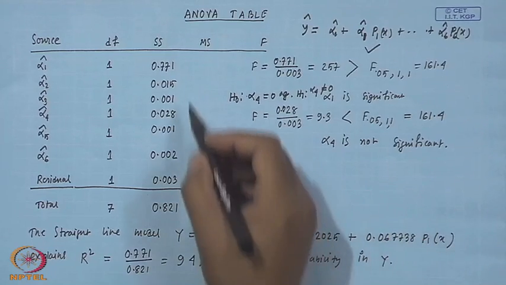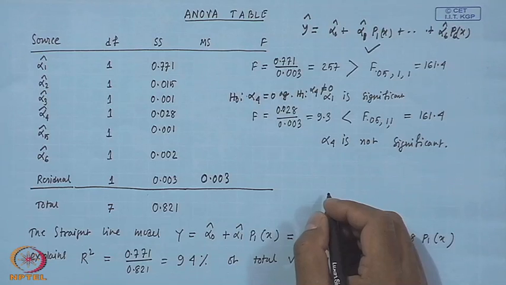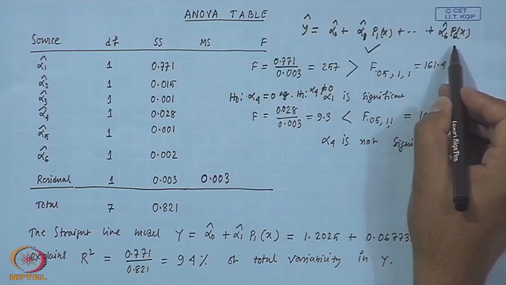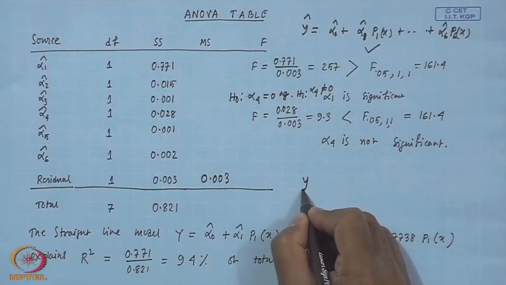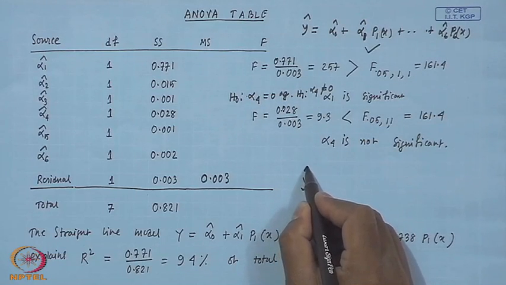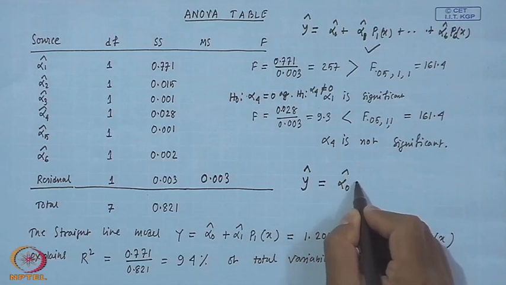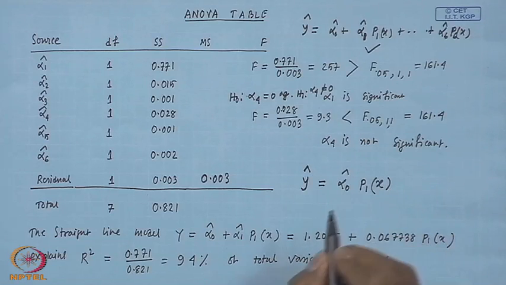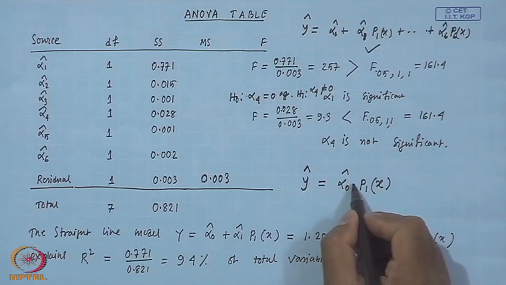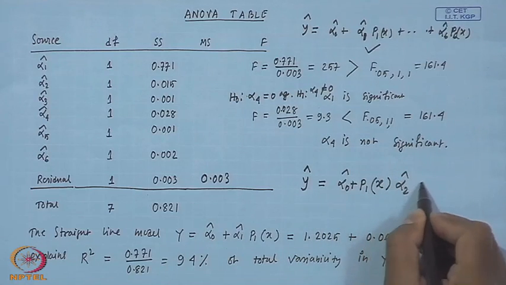What this test implies is that instead of going for a polynomial of order 6, you can simply fit a straight line model like y hat is equal to alpha naught hat plus alpha 1 hat x.